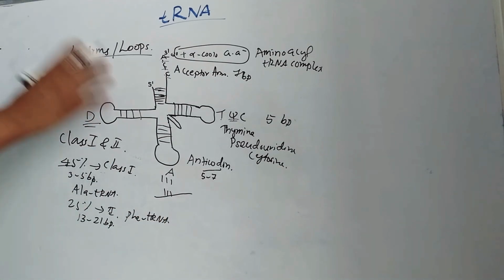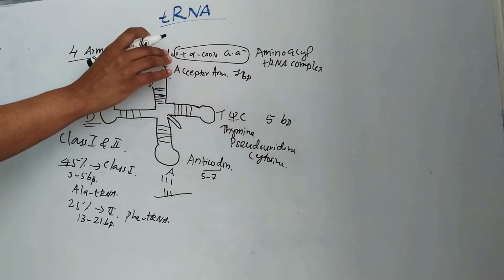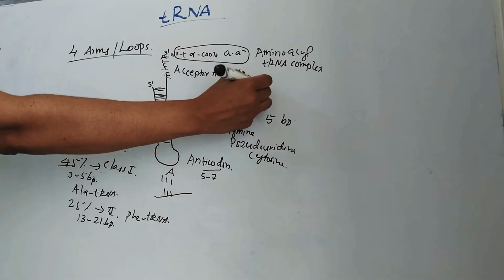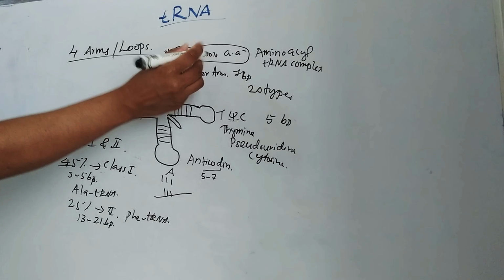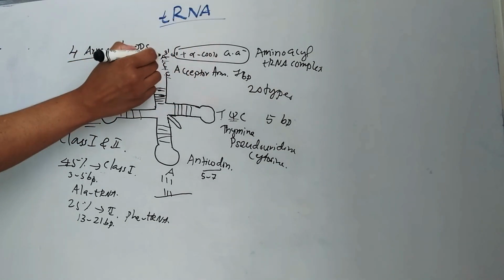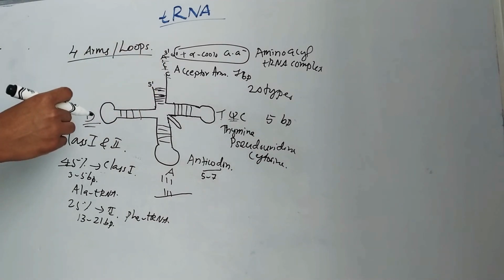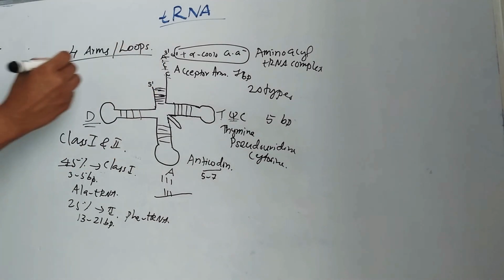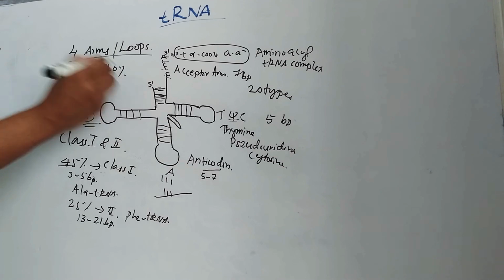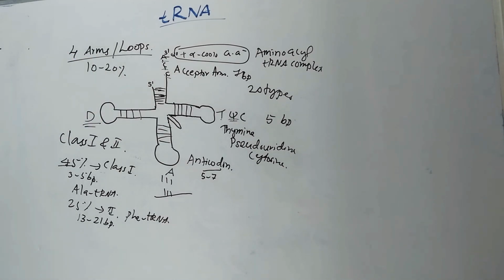Based on the attachment of amino acids at the 3' end, tRNA is classified into 20 types. tRNA constitutes 10 to 20% of total RNA.